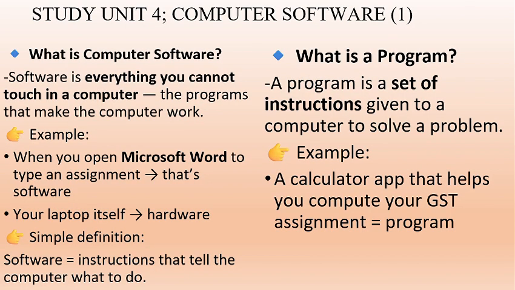So I'm talking about software and program now to tell us the little difference between them, although they are the same, but there's a little difference. Software is instructions that tell the computer what to do.